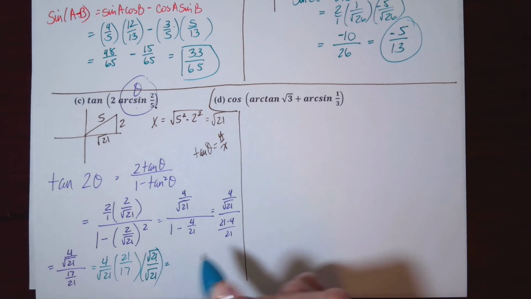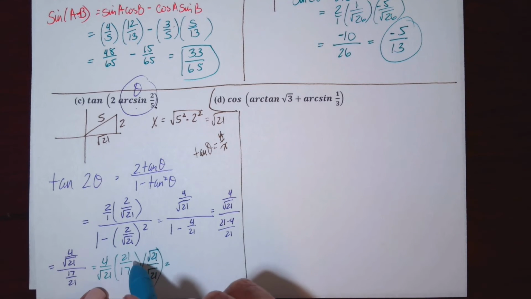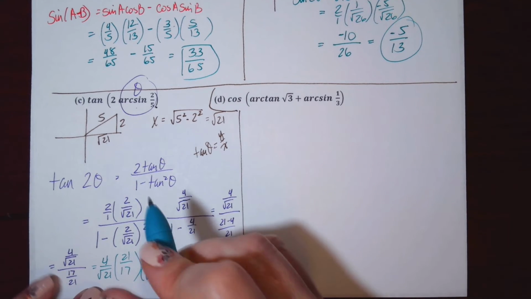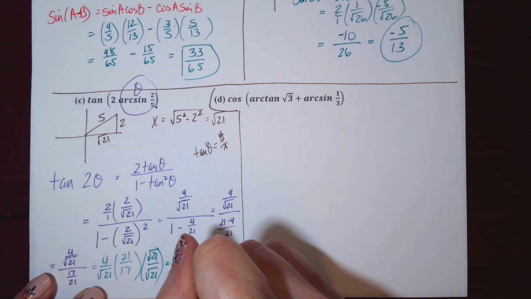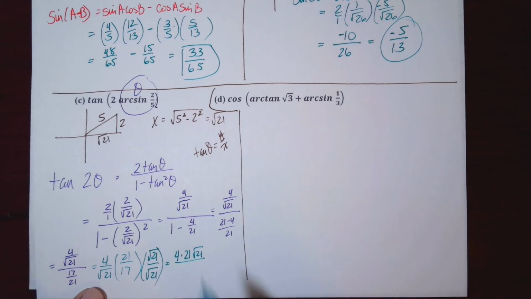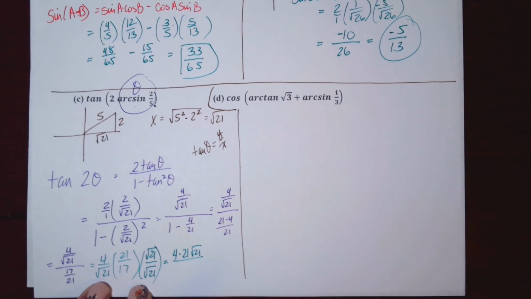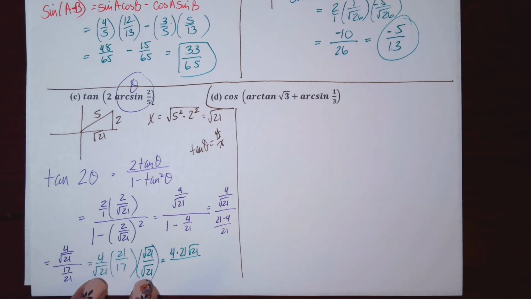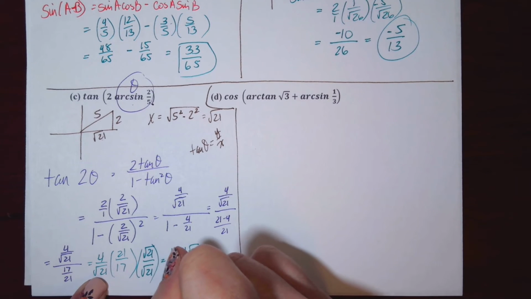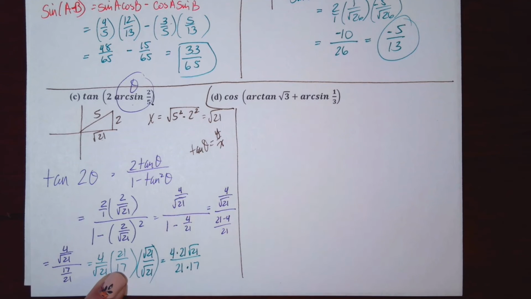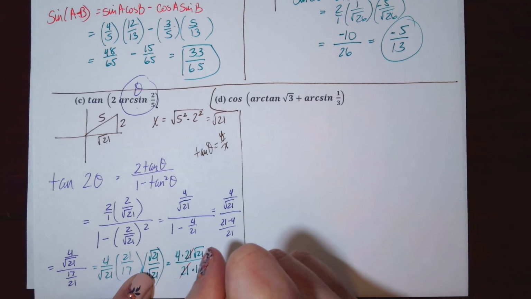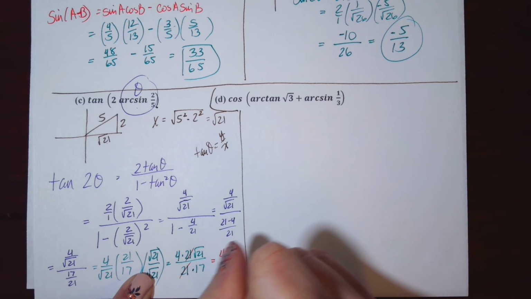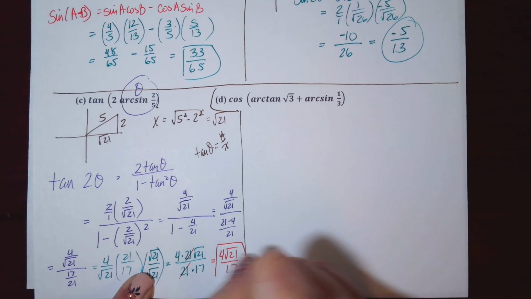My numerator becomes 4 times 21 times square root 21, and I'm not going to multiply that together yet because I see in my denominator square root 21 times square root 21 is 21, times 17. Well, anything over itself is 1. So that leaves me with 4 square roots of 21 over 17.